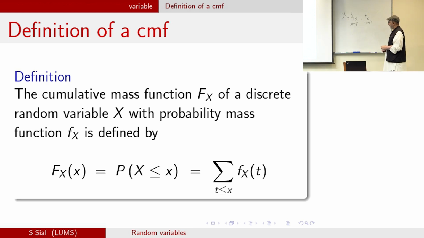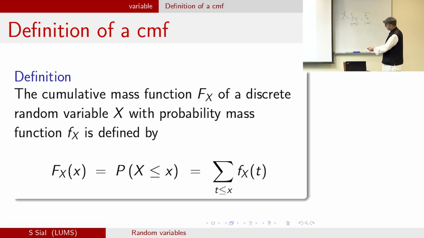And these are the accumulative probabilities. If you give it an input, small x, it outputs the probability that the random variable takes a value less than or equal to x, which is the same as summing over all the allowed values t, all the values that this random variable X takes, all those allowed values t less than or equal to whatever x you're giving as the input.